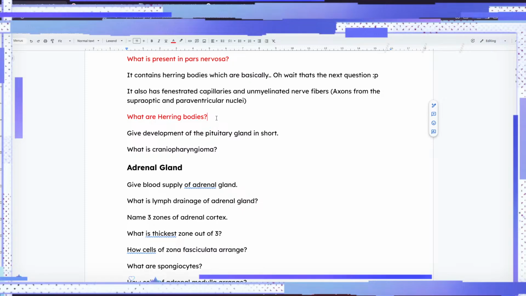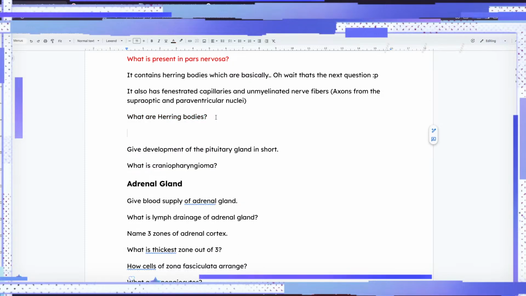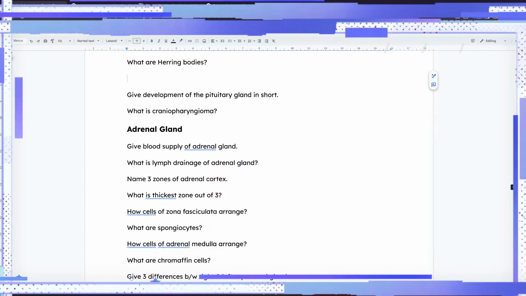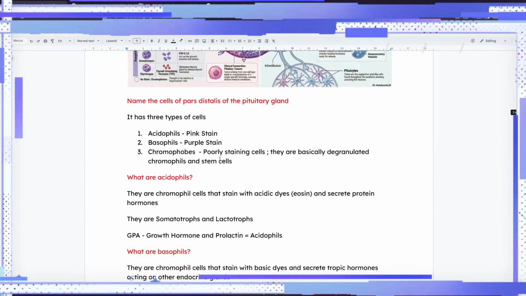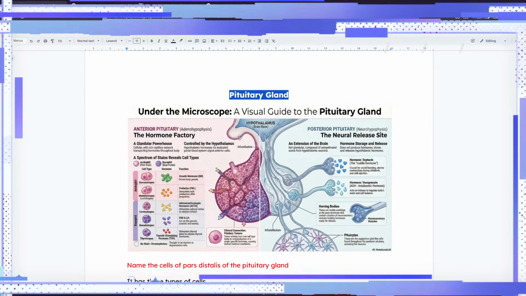What are Herring bodies? Next question. They are basically what we discussed. They're neurosecretory granules, but of course you need more detail. You can't just say that. Let's check the infographic. Herring bodies are visible swellings that contain clusters of neurosecretory material holding hormones ready for release.